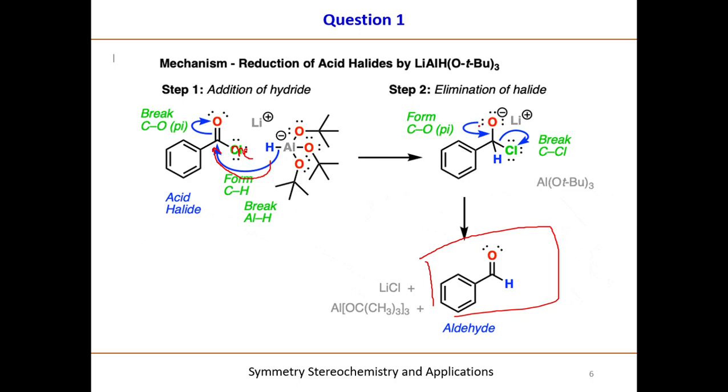This lone pair is pushing here, and because the double bond formation is taking place here, to satisfy the valency of the carbon atom, this group will leave to give the aldehyde as a product. So this is the mechanism for this reducing agent. The first step is addition of hydride, and the second step is elimination of halide. Okay.